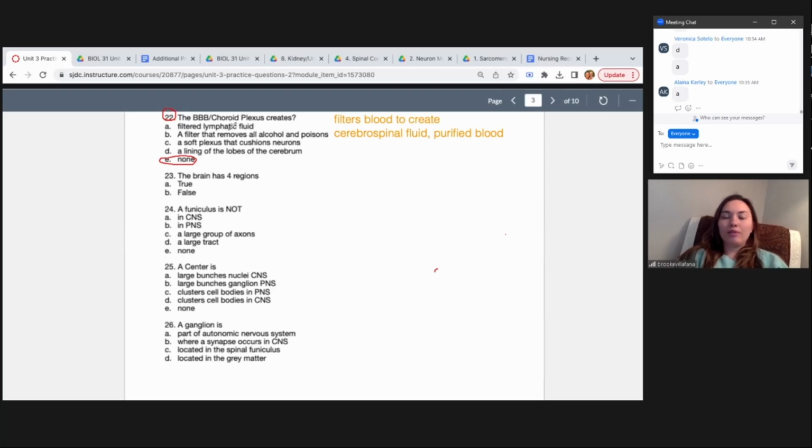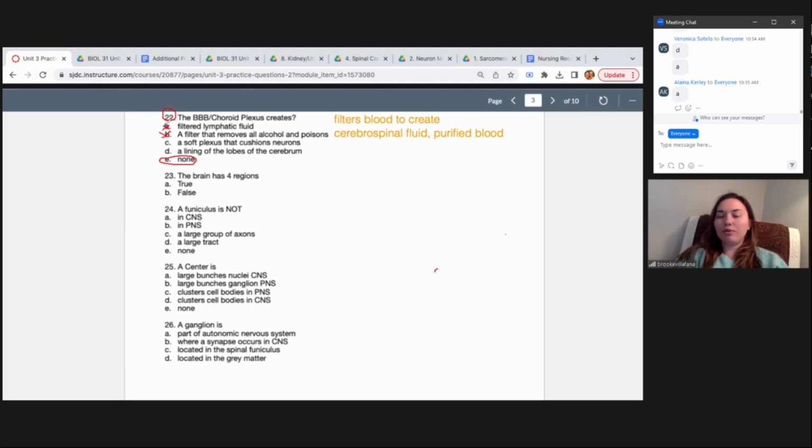Remember, if a woman is pregnant, the blood-brain barrier of the baby's brain cannot filter all alcohol and poisons. That's why you don't drink alcohol when you're pregnant. That's also why when you get drunk, alcohol is intoxicating, getting into the cerebrospinal fluid. Does that make sense? So it does not filter all alcohol and poisons.